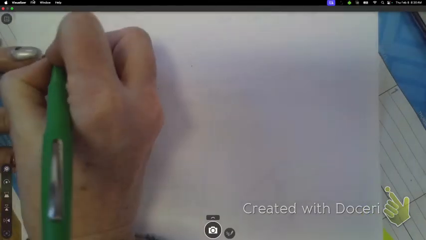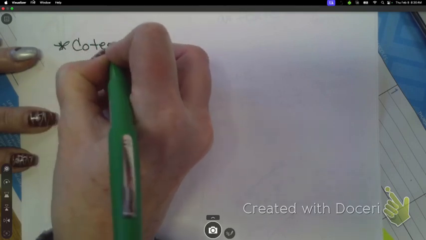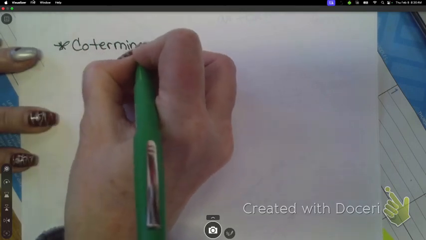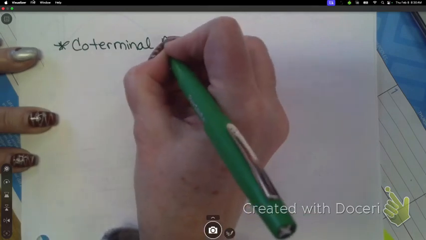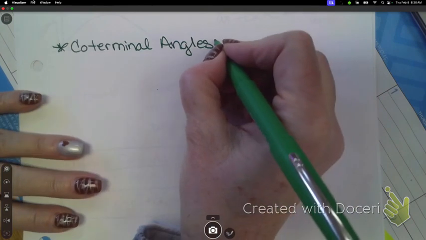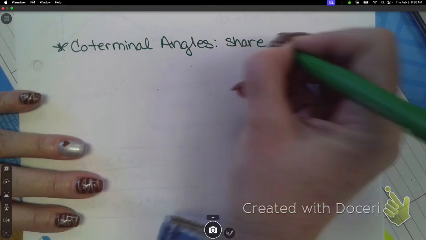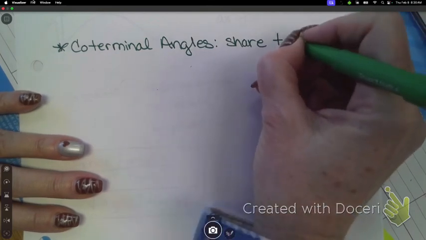Okay, the next thing we have to go over is coterminal angles. Coterminal angles share terminal rays.